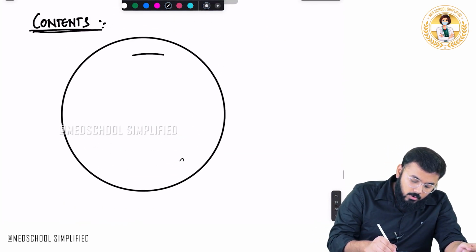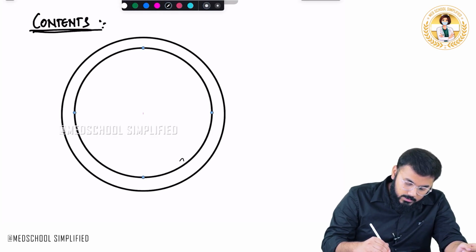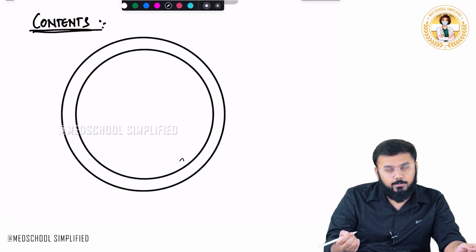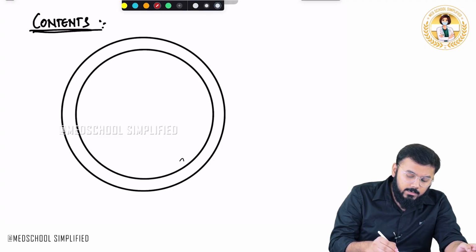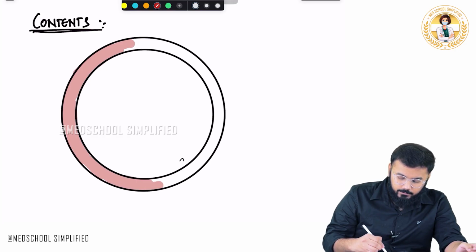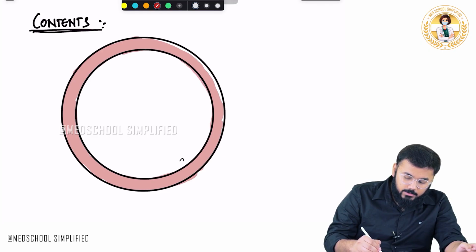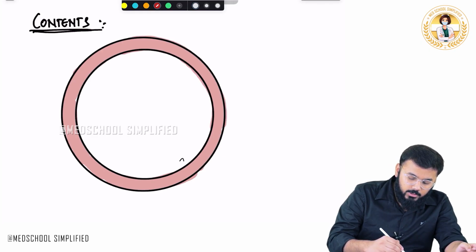Let me also draw the internal spermatic fascia over here. This is your internal spermatic fascia. Between the external and internal spermatic fascia, the structure I am drawing right now is your cremasteric muscle as well as fascia.